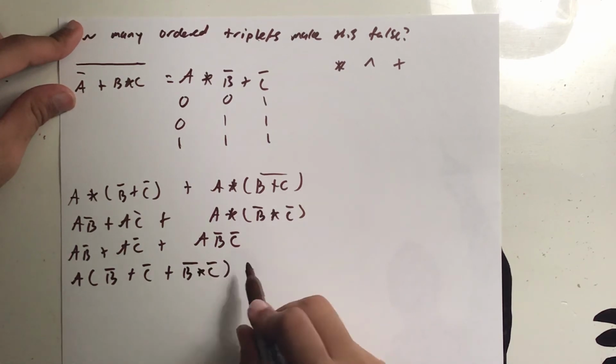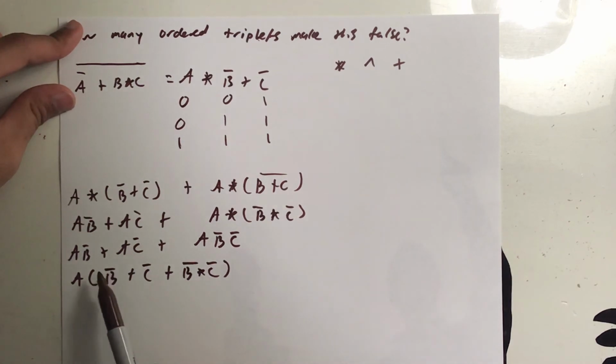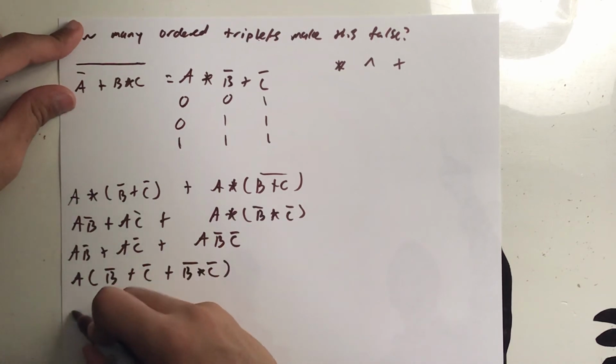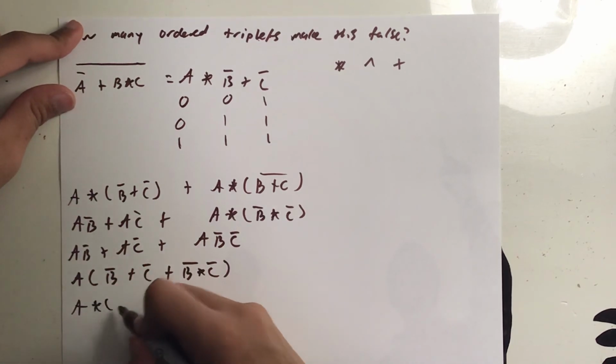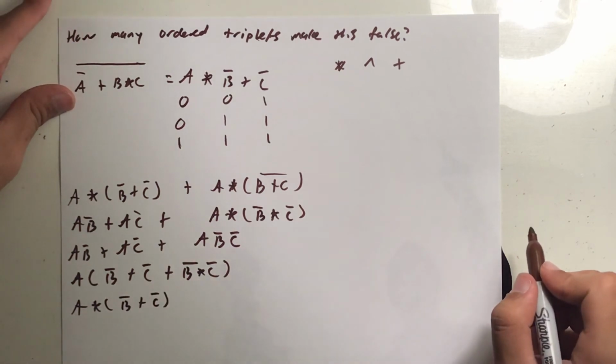Then we could use the law of absorption, with either the not B or the not C. Either one of them absorbs this guy. So then it becomes A times (not B plus not C). And that's your answer.